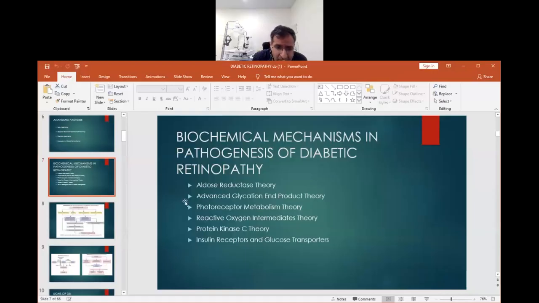So the reactive oxygen intermediate theory remains, and that's why many people try to give even vitamin C, saying the damage is less. Then comes the advanced glycation end product theory, and then the third one is the aldose reductase theory.